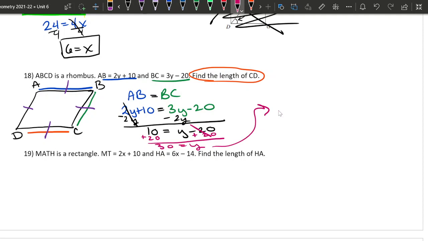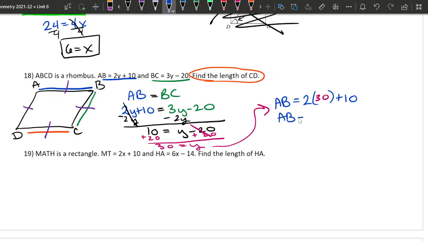I want to find out a side length, so it doesn't matter which one I pick. I'm just going to pick AB. If you chose BC, that's perfectly fine. 2 times y plus 10, and I said that y is 30, so I plugged that in for y.